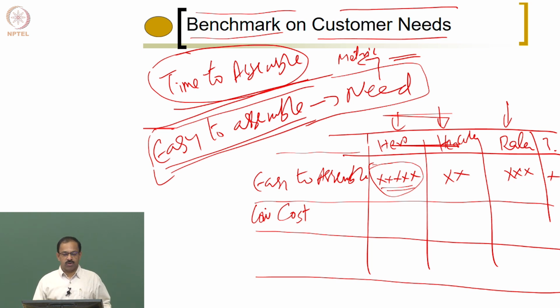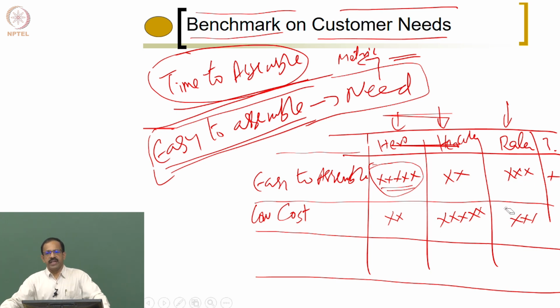Then you will see that the Hero cycle is very costly, so probably customers are not that happy. But probably this product is low cost, so it very much satisfies the customer need of low cost. Similarly, you will see something like this. So this way, you can benchmark each of the needs against the existing products.